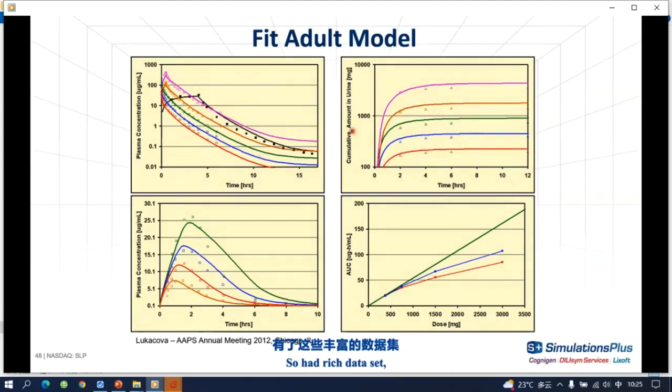So we had a good, rich data set to calibrate with confidence both the systemic distribution as well as the renal elimination. We had the oral data for several different dose levels that again allowed us to calibrate the saturation of that intestinal uptake transporter. And that is shown here, the less than dose proportional increase with the dose due to saturation of the transporter. So it gave us a good way of calibrating the model in healthy adults for both IV and PO administration.